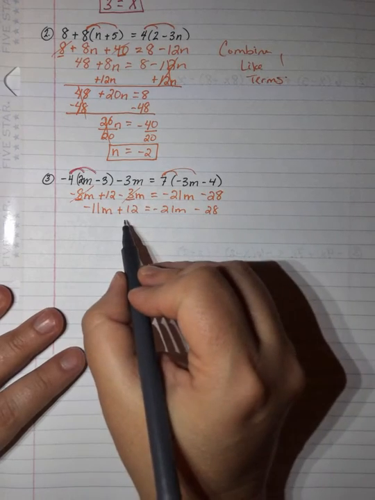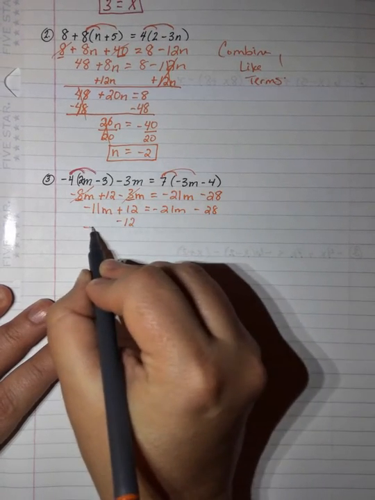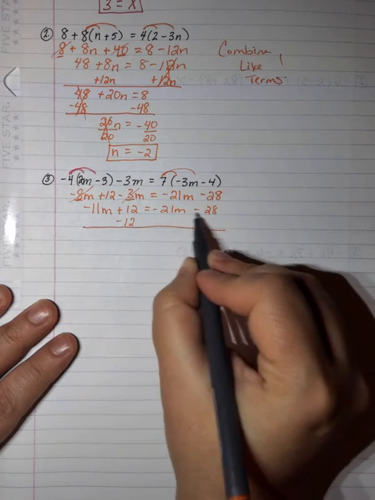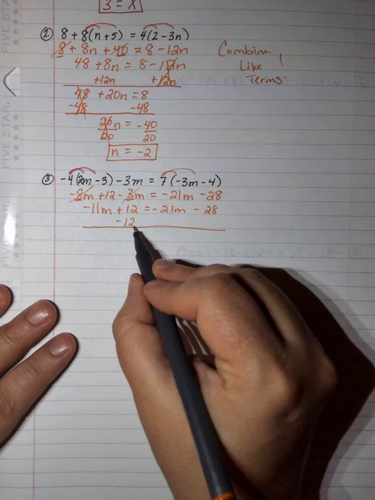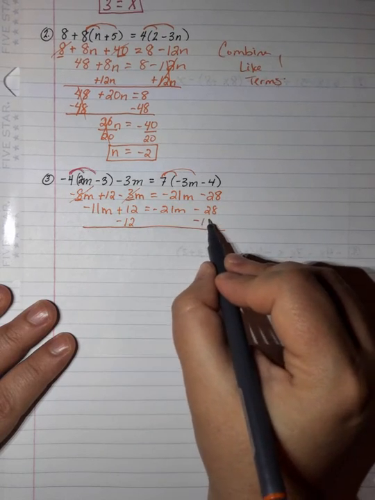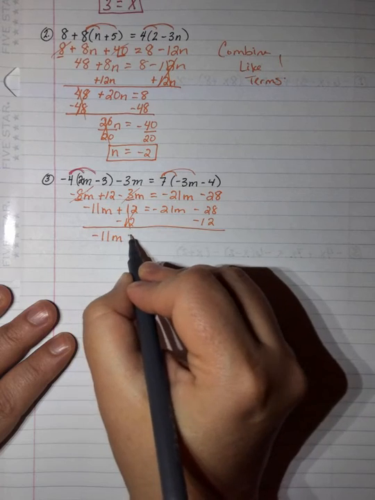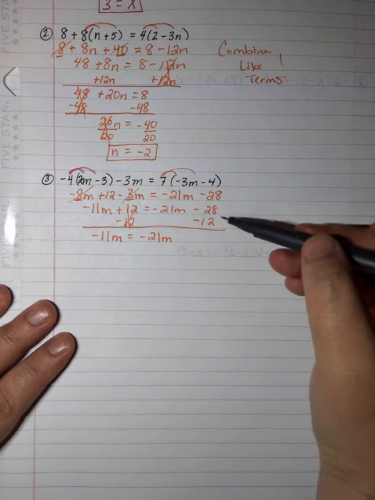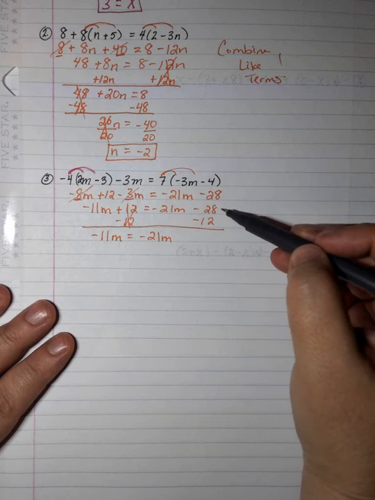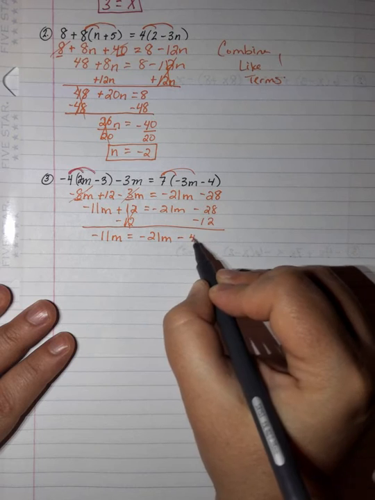I'm going to go with 12. 12 is positive, so I'm going to subtract 12 from this side. Come over here and subtract 12 from this side. I have to subtract 12 from a number that does not have an m because 12 didn't have an m. So my like term will be right here. So negative 11m equals negative 21m, and then watch your signs. Negative 28 minus 12 is actually a negative 40.